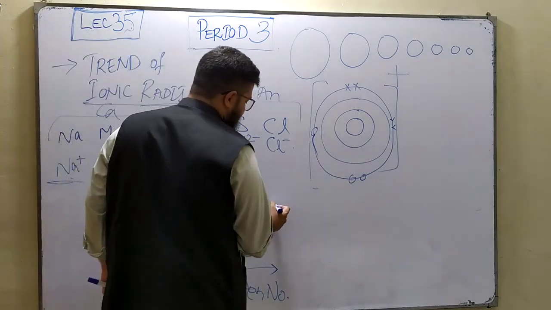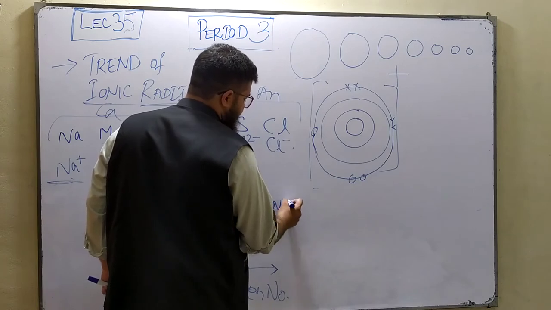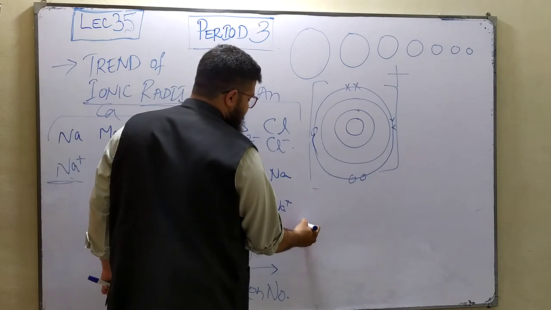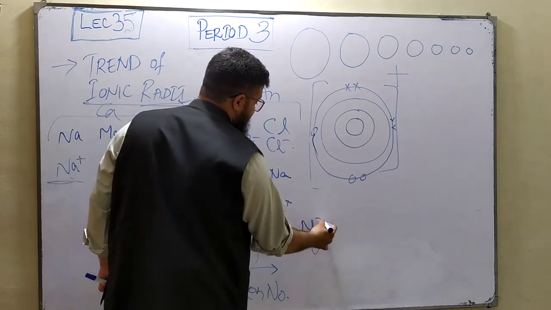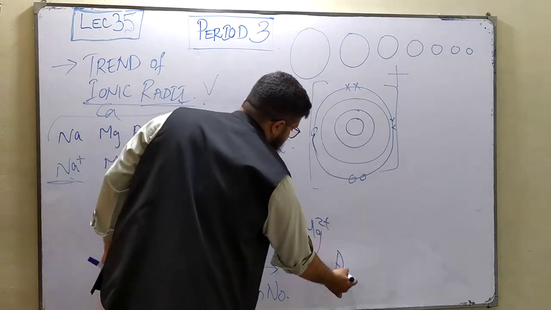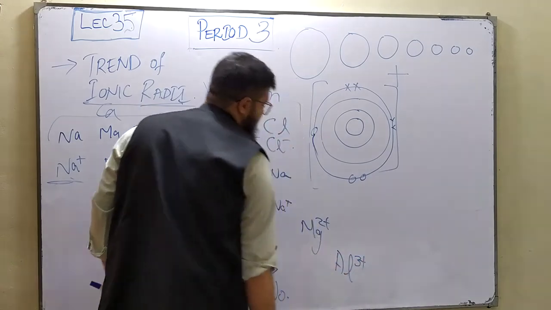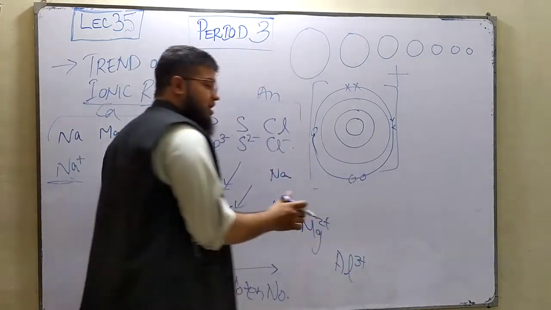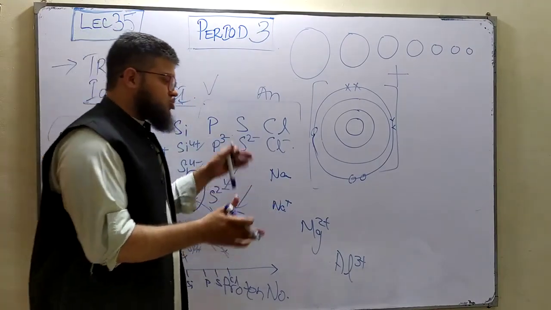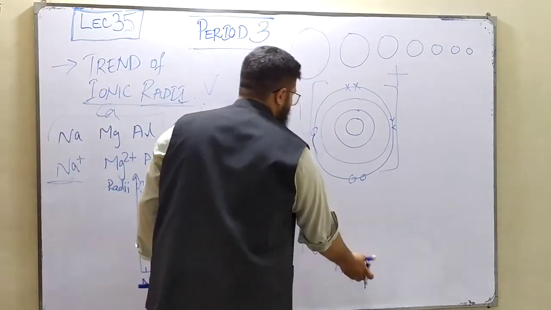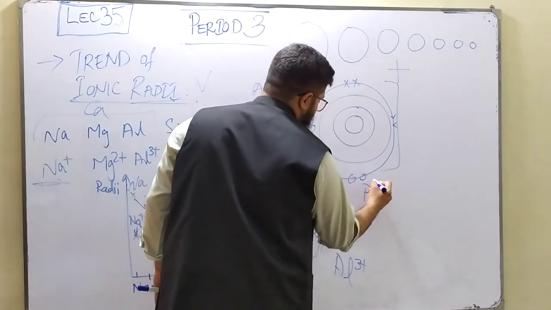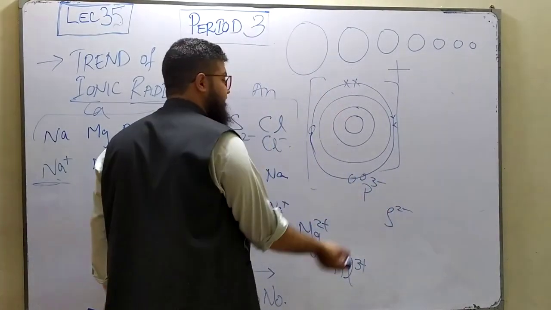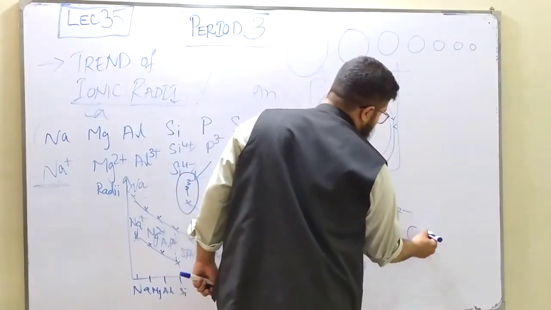So just a quick recap: the sodium ion is going to be less than the sodium atom. Then comes the magnesium ion, which is going to be even smaller than sodium, and then aluminum is going to be smaller. Let's forget about silicon, because silicon has dual characteristics. After aluminum comes phosphorus, the phosphide ion. Then comes the sulfide ion, which will have a smaller radius than phosphide, and then the chloride ion.